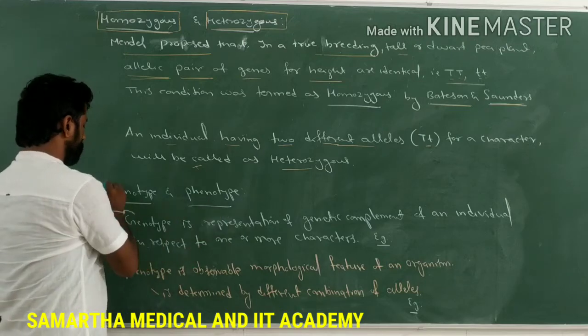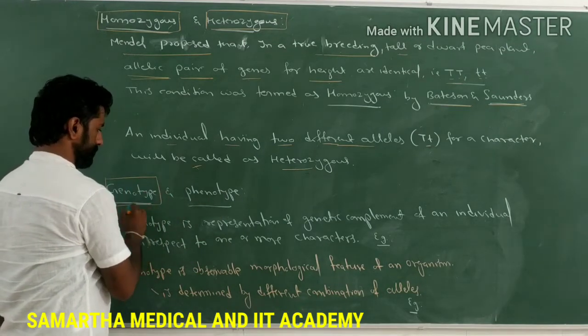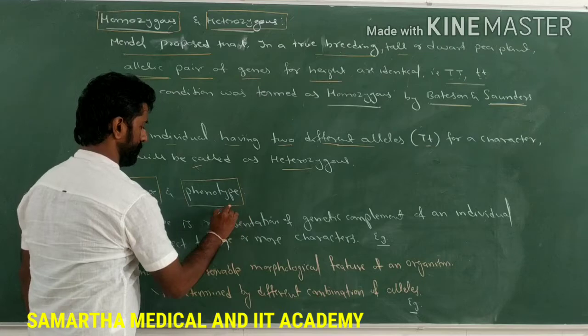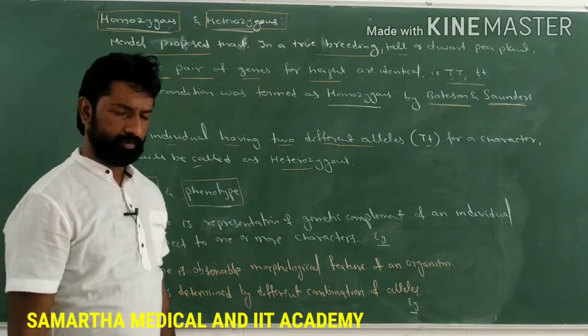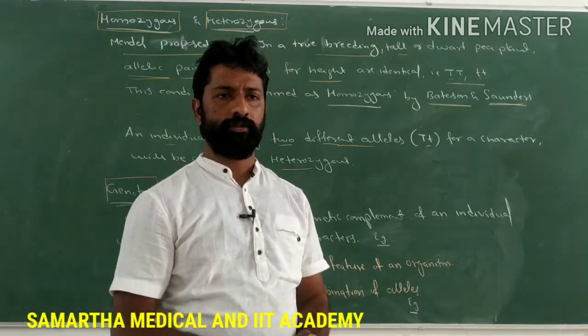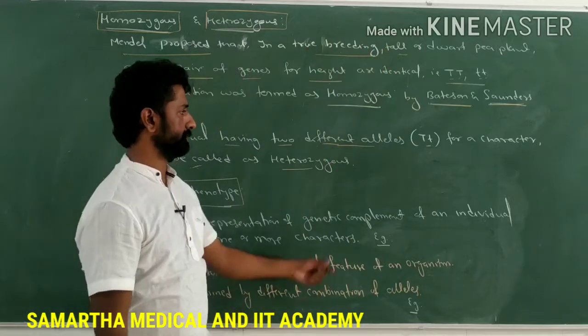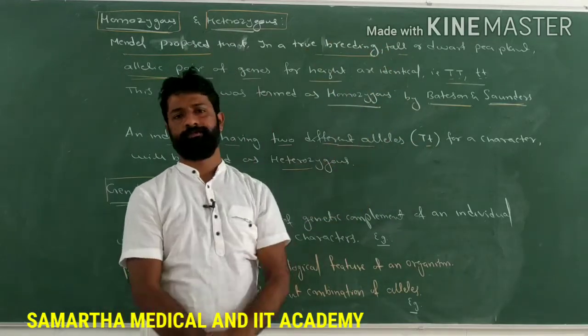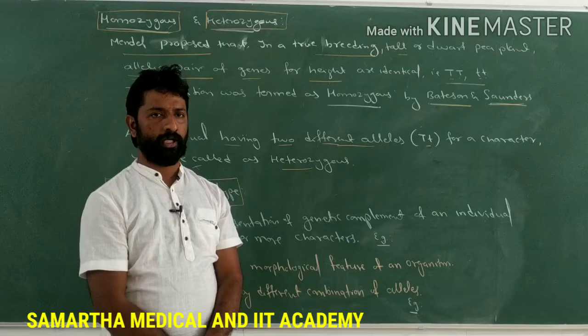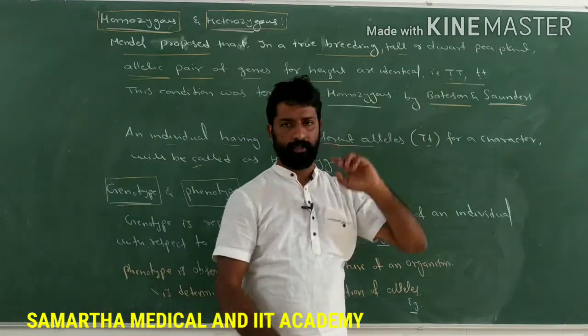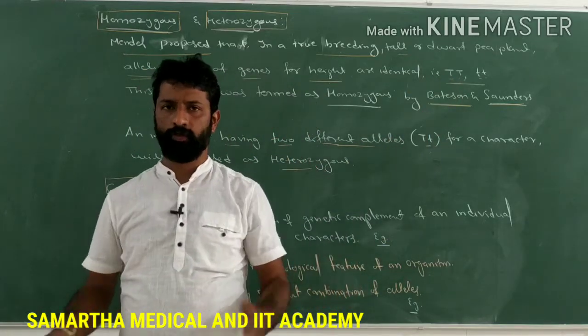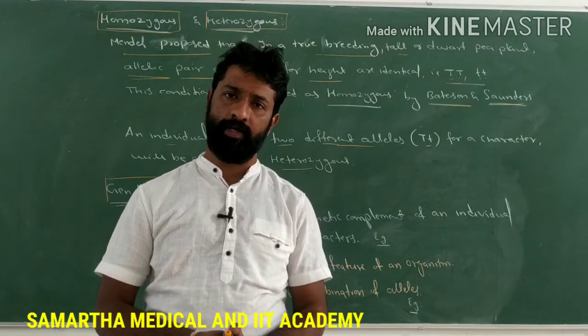Then the other terminologies like genotype and phenotype. So we will be very often using that the genotype of the plant is heterozygous dominant or homozygous dominant. So you know that homozygous means allelic pair will be identical.